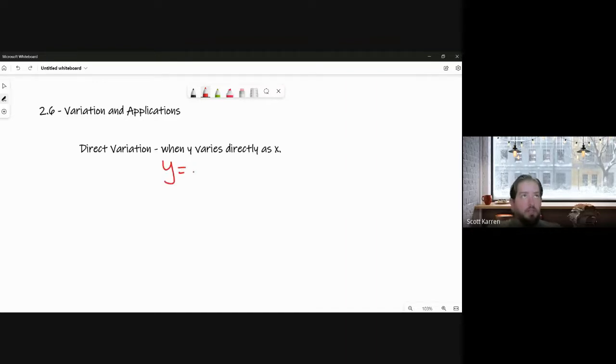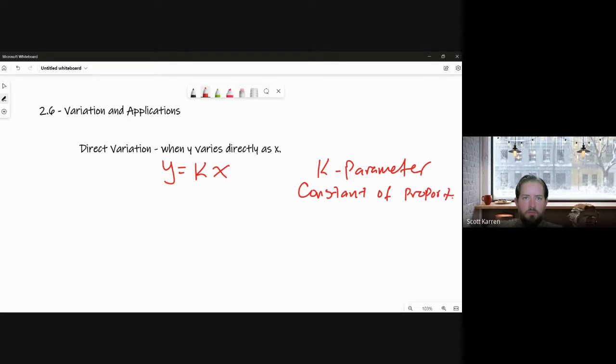Well, let's use k. They use k in the book. And so k is called a parameter, meaning it's not a variable. It's not going to change like x and y do, but it'll have some value. And once you find that value for the problem, it's that value for that problem. It doesn't change. It's also called the constant of proportionality.